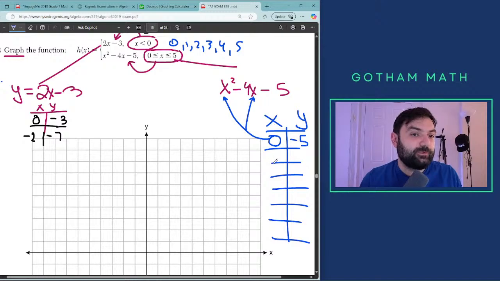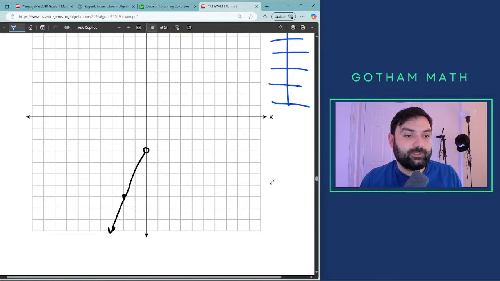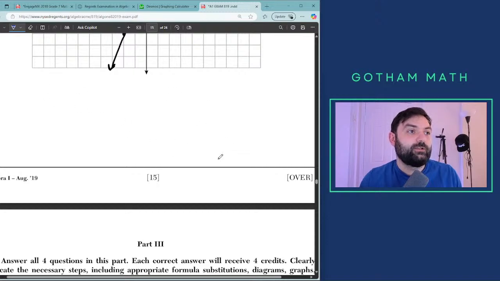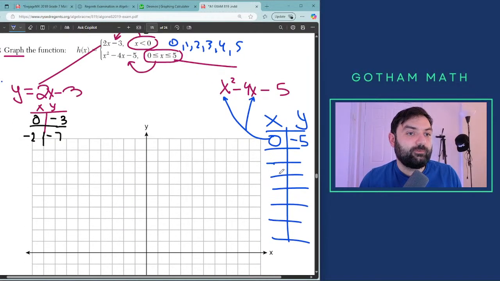So I'll do it real quick, but in reality, if you have a piece of paper to write it down, you can just calculate all of that. If you plug in 1, you get 1 minus 4 is negative 3, minus 5 is negative 8. If you plug in 2, it's going to be 4 minus 8, which is negative 4, minus 5, which is negative 9. If you plug in 3, it's going to be 9 minus 12, which is negative 3, minus 5, which is negative 8.